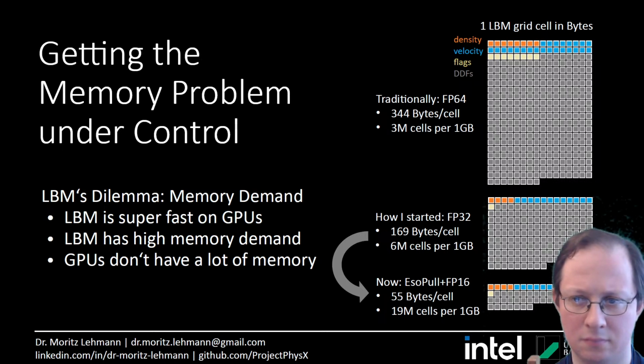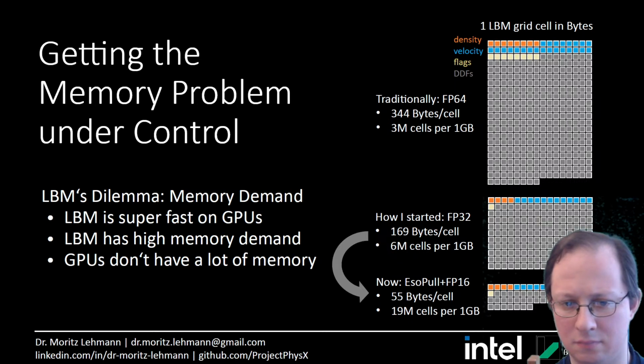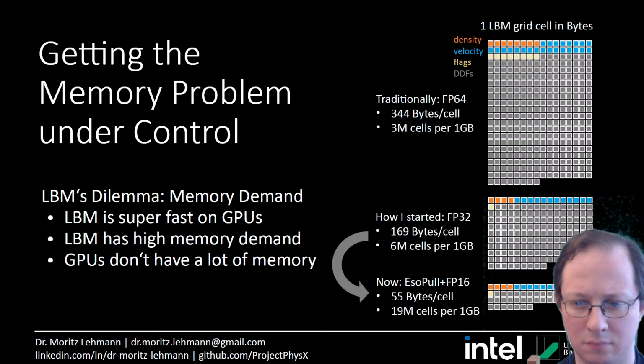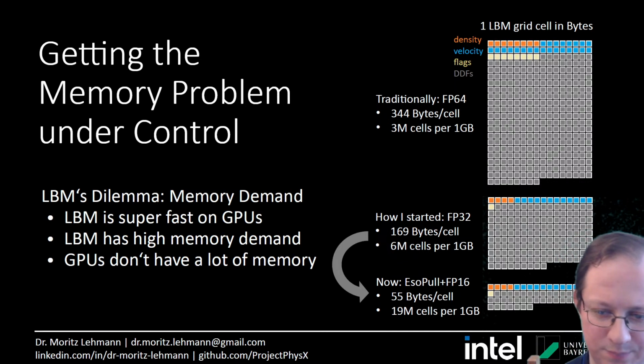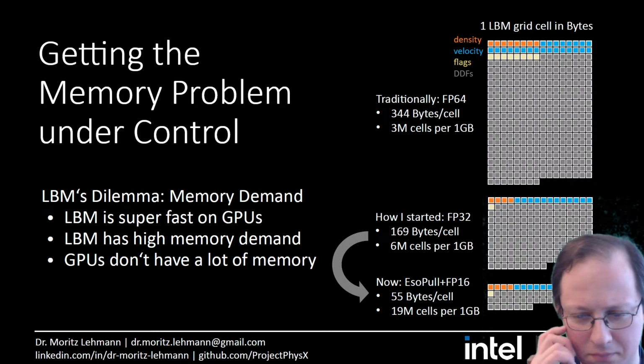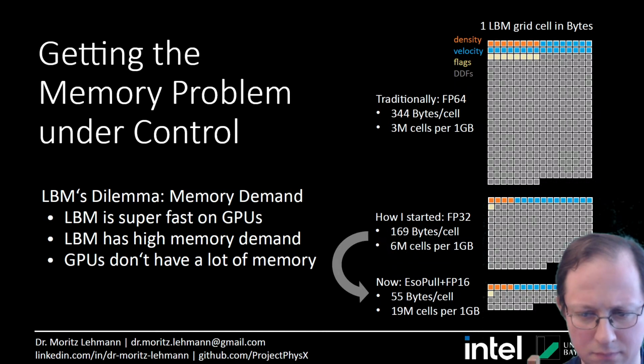Double precision still has the advantage, but single precision is good for pretty much all cases. And that already cuts the footprint in half. And in my PhD, I reduced it even further by another 3 times to only 55 bytes per grid cell, by reducing the size of the density distribution functions with a streaming pattern and FP16 memory compression.